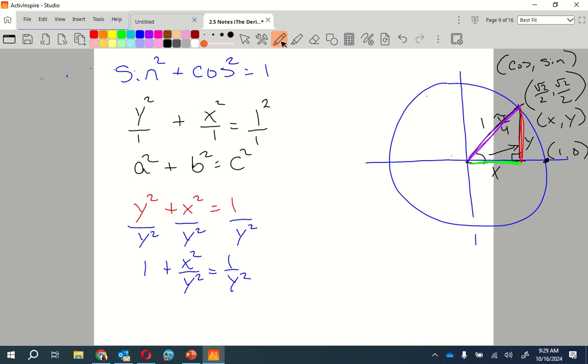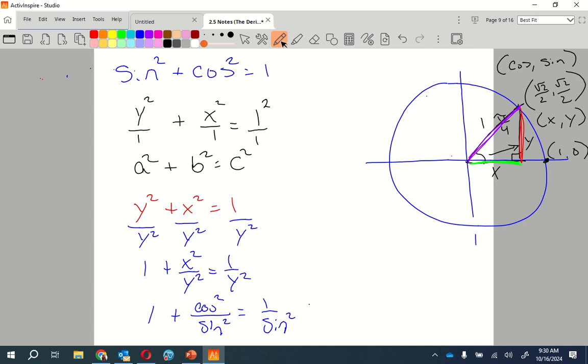Let's translate this back into trigonometry. Right now, it's just algebra. If we know that x represents my cosine and my y represents my sine, this is going to turn into 1 plus cosine squared over sine squared is equal to 1 over sine squared. What is cosine over sine?